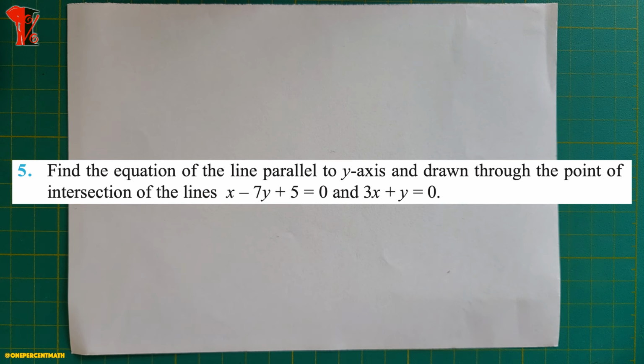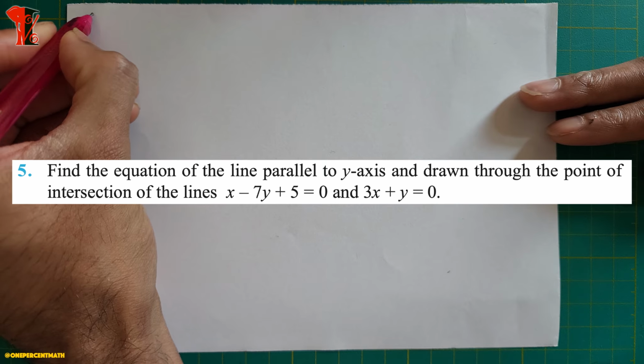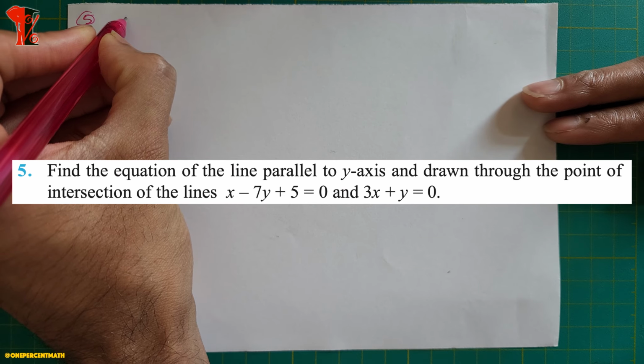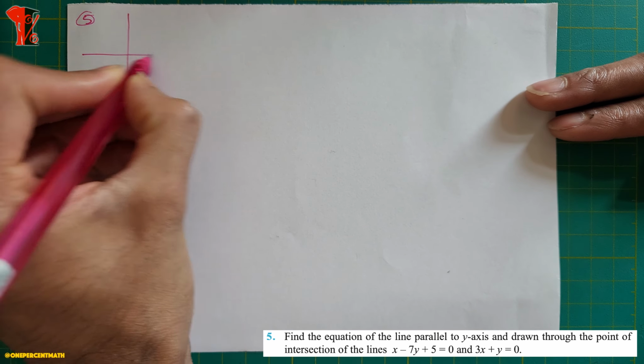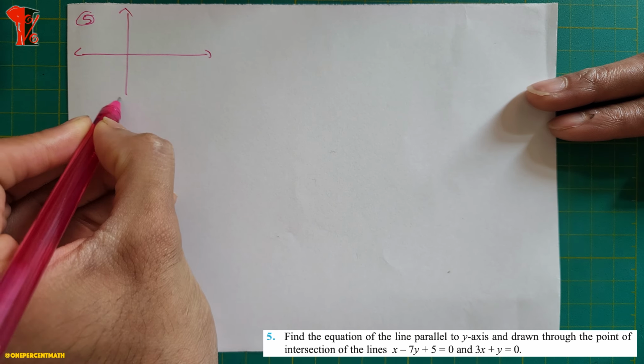So in the fifth question, find the equation of the line parallel to y-axis and drawn through the point of intersection of the line x minus 7y plus 5 equal to 0 and 3x plus y equals 0. Okay, in the fifth question, what they want us to find is, see, there is x and y axis and there are two lines.